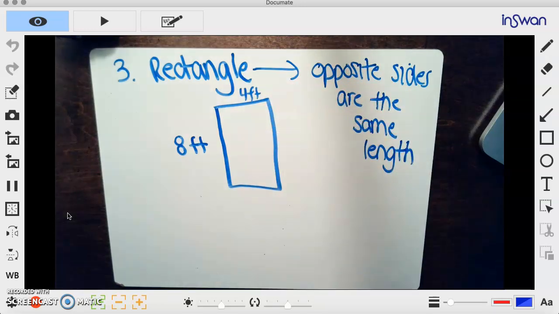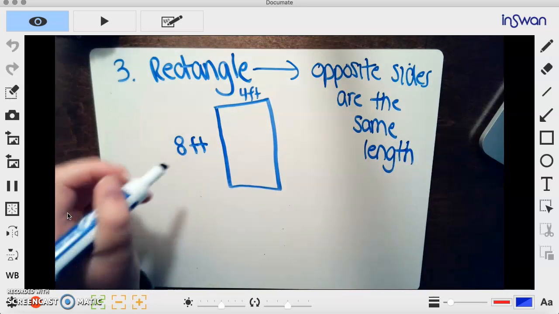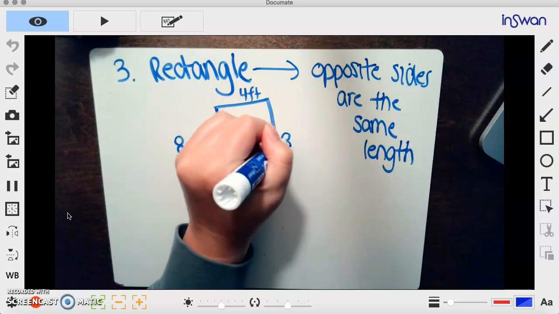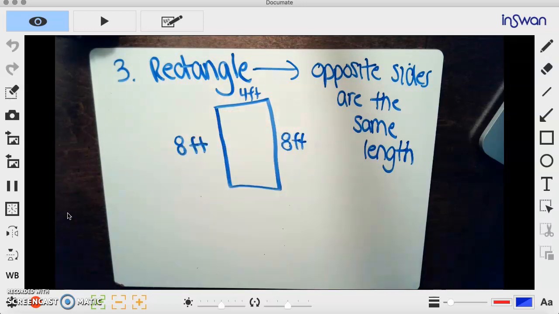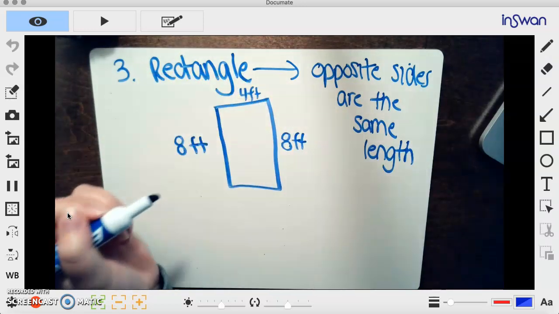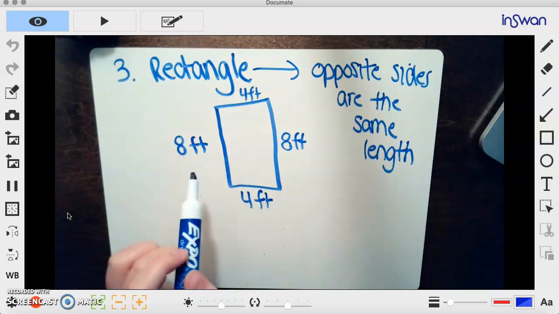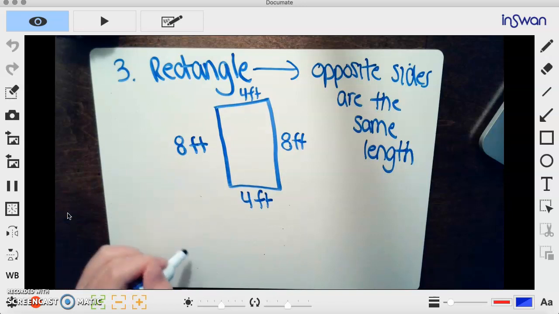So knowing that, I can say, all right, well, if this side is 8 feet, over here will also be 8 feet. And knowing right up here that is 4 feet, down here will also be 4 feet. So now I can say I'm going to add all of those together.